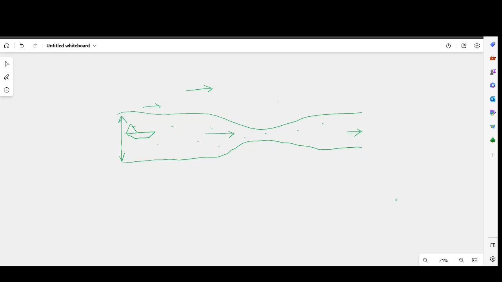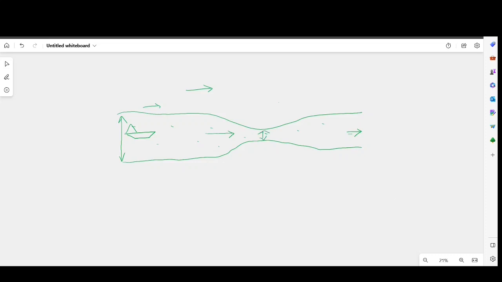So this is another phenomenon where there is an acceleration. The boat increases its speed when it passes through narrower parts, and this happens all the time.